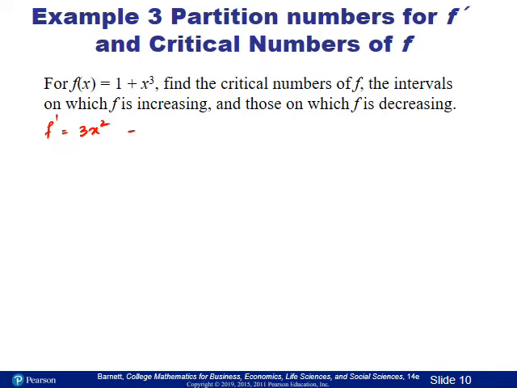When we put f dash equals 0, it gives us x equals 0. Now this x is in the domain of f, so this is a partition number and also a critical number.